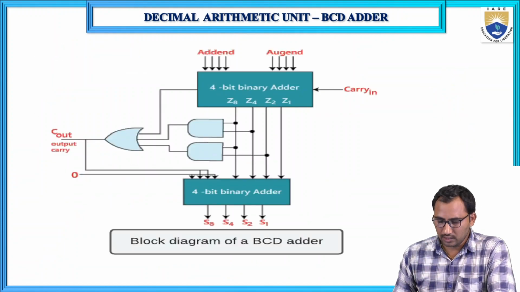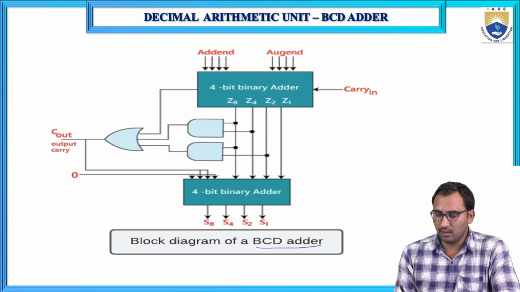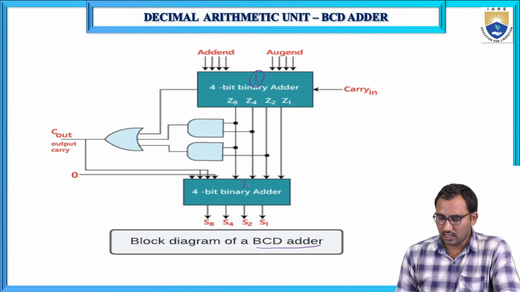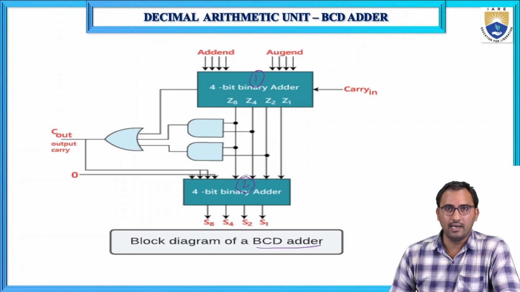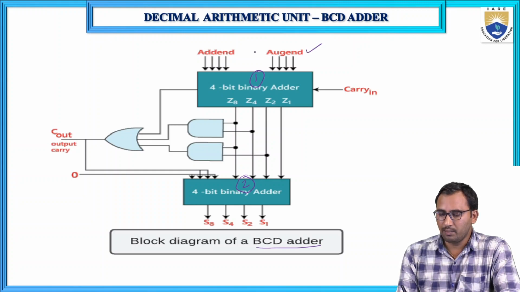Here you can see the block diagram of the BCD adder. We are using two 4-bit binary adders: this is the first 4-bit binary adder, and this is the second. We already know every BCD adder has 9 input variables and 5 output variables. The 9 inputs are the augend bits, the addend bits, and the input carry.